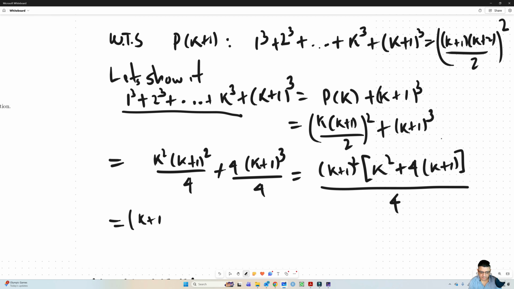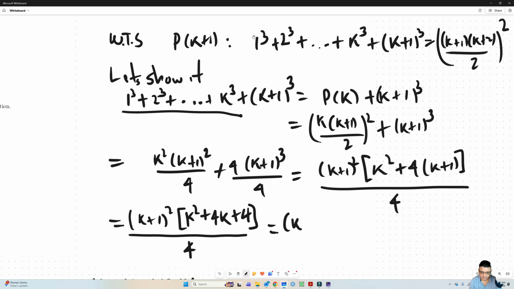Now notice that this is k squared plus 4k plus 1. So let me write this out: k squared plus 4k plus 4. But if you see this, this is just the k plus 2 squared binomial.